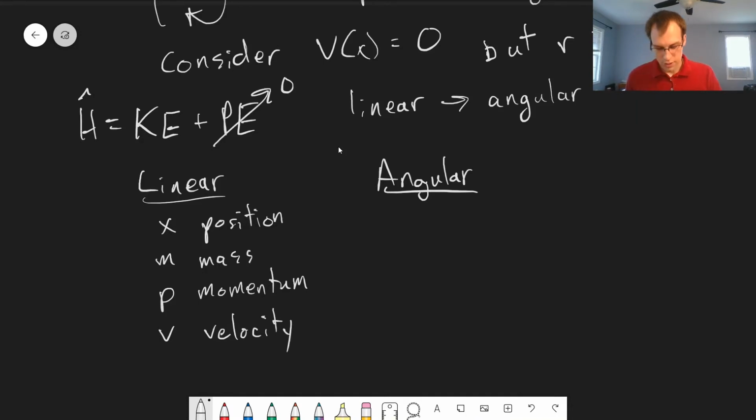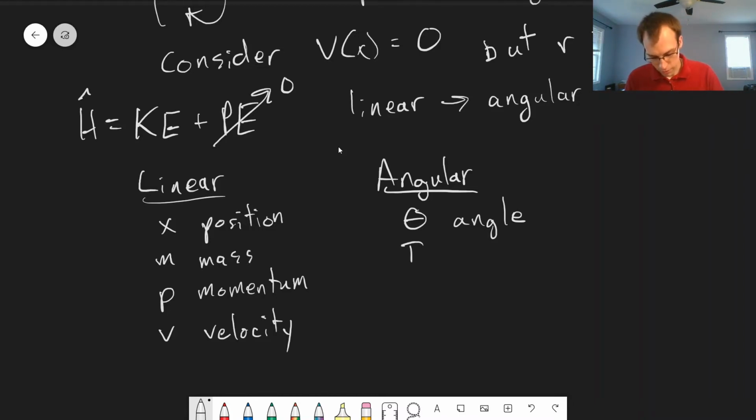And in an angular system, we have corresponding variables that match these. Theta, the angle, is similar to the position. It represents how far a molecule has spun or a system has rotated, whereas in a linear system, it's how far an object has moved along a line.